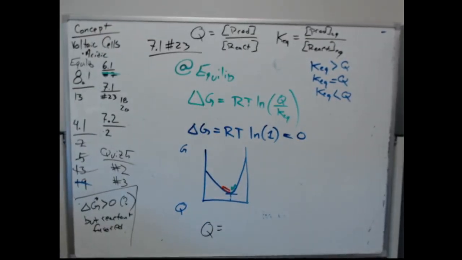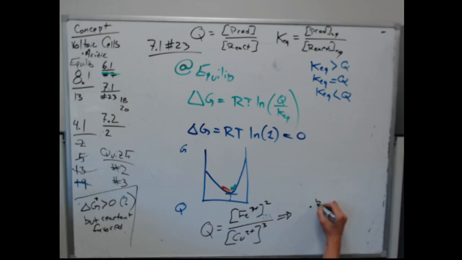So for this setup, products over reactants is going to be maybe Fe3+ squared divided by Cu2+ cubed. So let's say we add enough water that we cut the concentrations in half. Right, so my concentration goes to half. That's similar to saying let's say they were all 1 molarities for fun, and then we go to 0.5 molarities, right? That's going to give me 0.5 squared divided by 0.5 cubed.